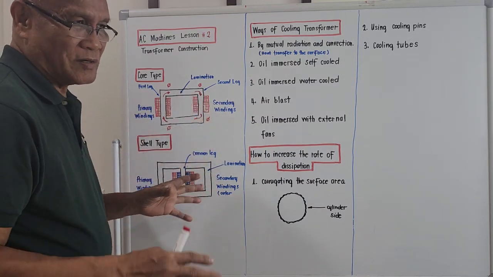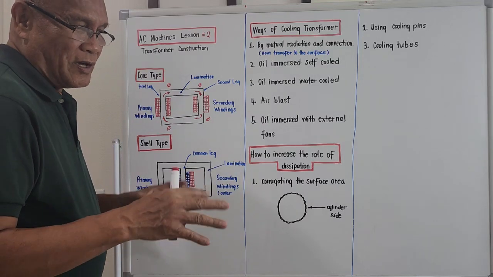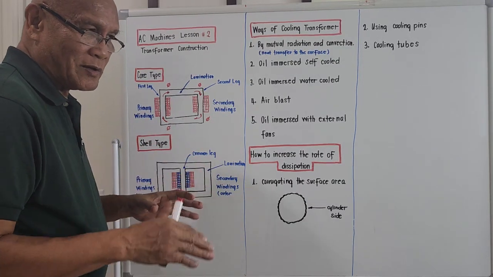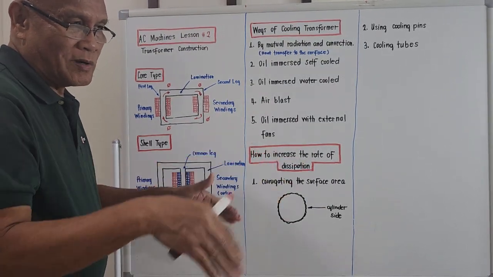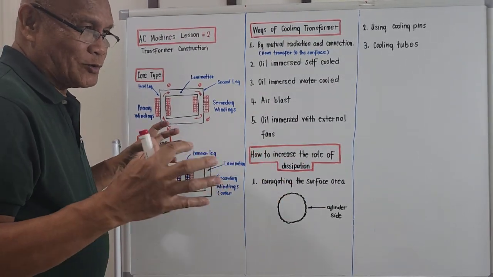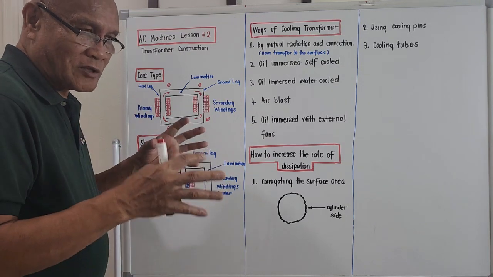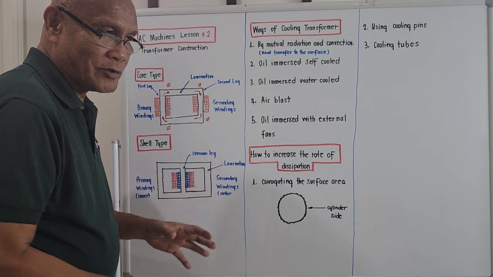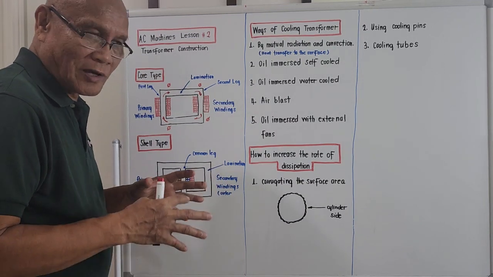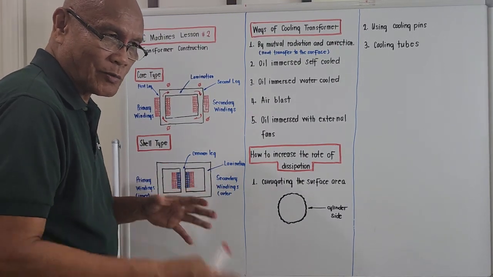But those are not power transformers. It's still considered a power transformer, but they are exclusively for some small equipment. What I'm talking about here is actually the transformers that we use to power up our houses and businesses. So these are distribution and power transformers.